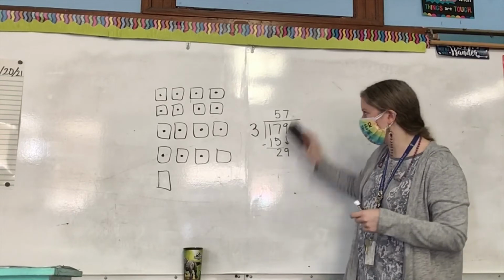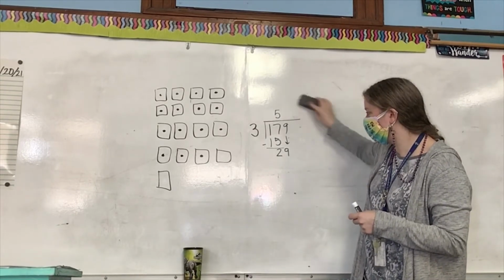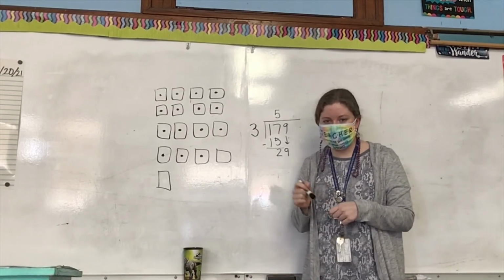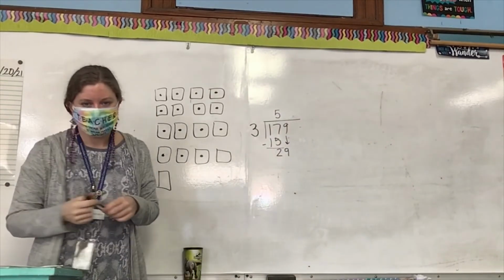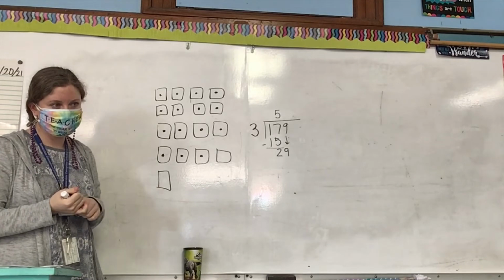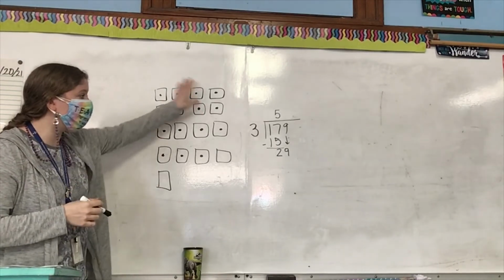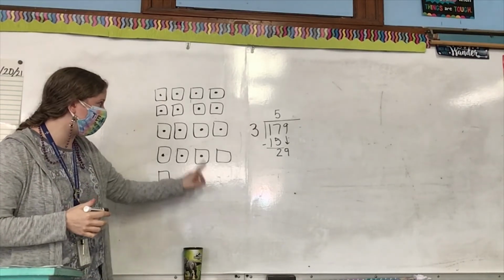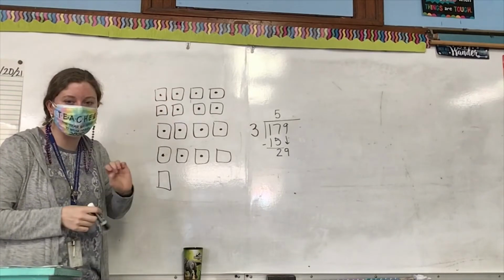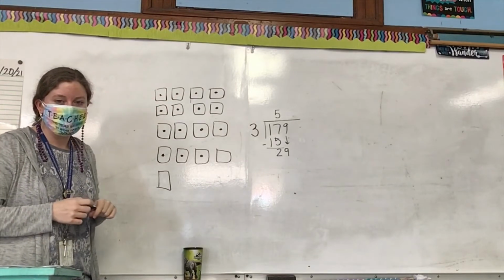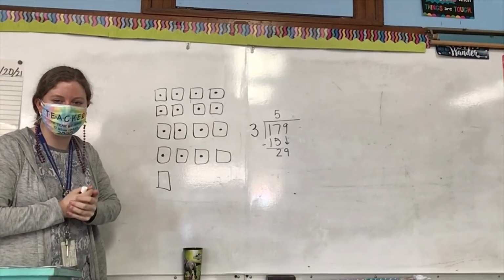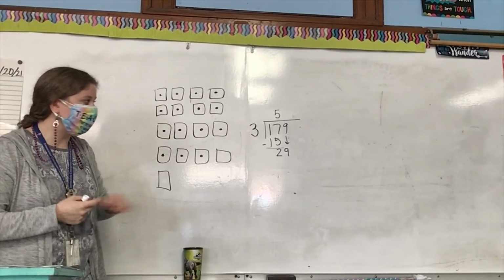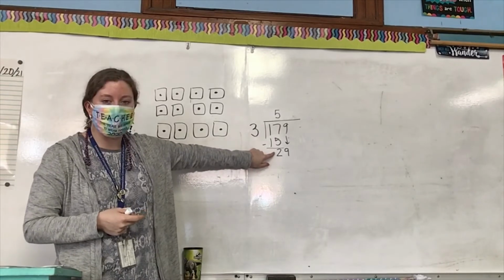No. Think about it again. Think about your basic facts. How many times does 3 go into 29? 0. 3 can definitely fit into 29. If I have 29 empty boxes, I can definitely put at least one group of 3 in there. I would have a lot of empty boxes, but that's okay at that stage. How many times will 3 go into 29?